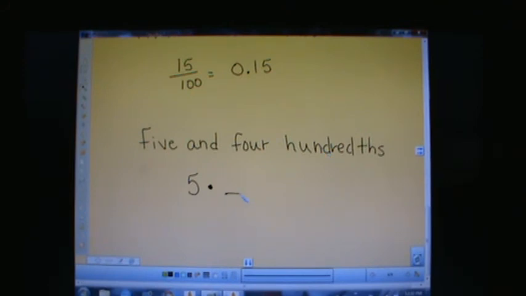I have to remember that the first value is tenths, the second value is hundredths. Which number is in the hundredths place? 4. So what is going to go in my tenths place? That would be a 0. So this would be 5 and 4 hundredths. If I were to write this as a mixed number, it would be 5 and 4 over 100. 5 and 4 hundredths.